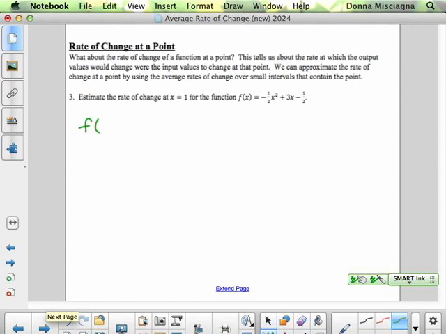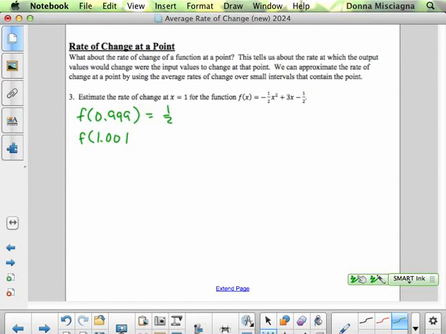All right, so we want to estimate the rate at x equals 1. So we're going to find values that are very close to that. So let's do something that's just a teeny bit less than 1. Let's find f of 0.999. And then let's find f of 1.001.